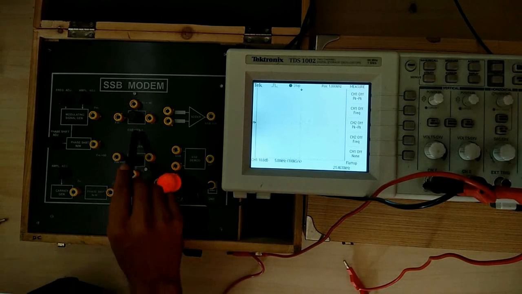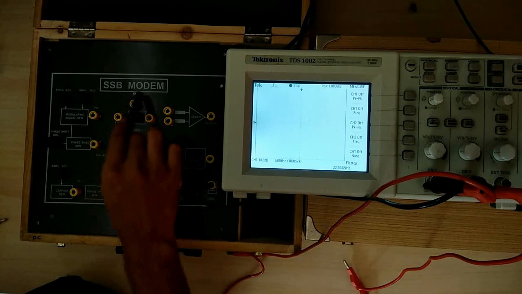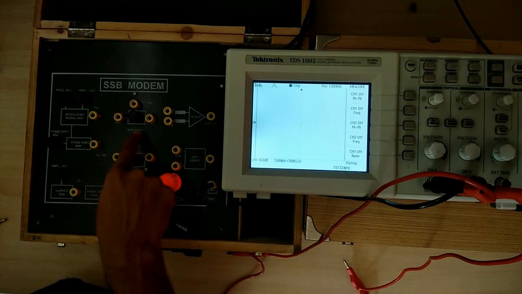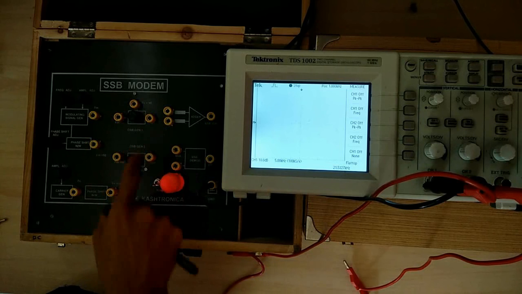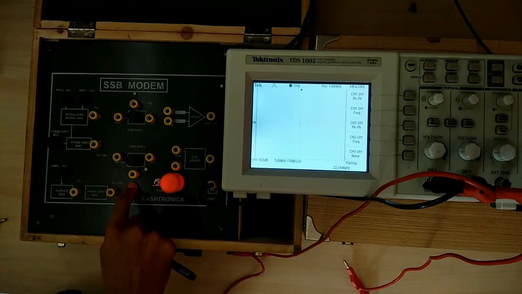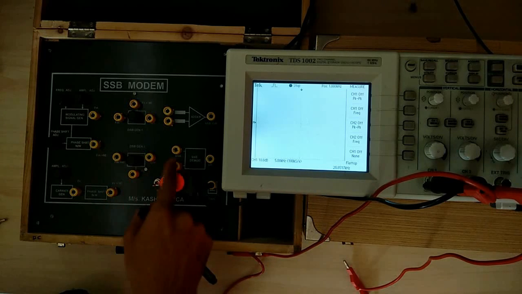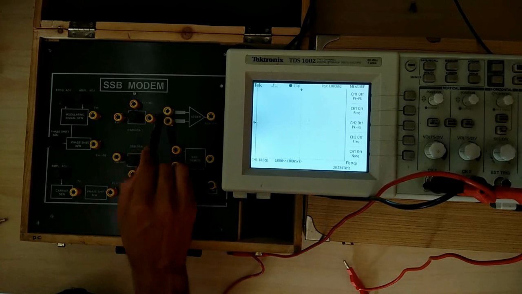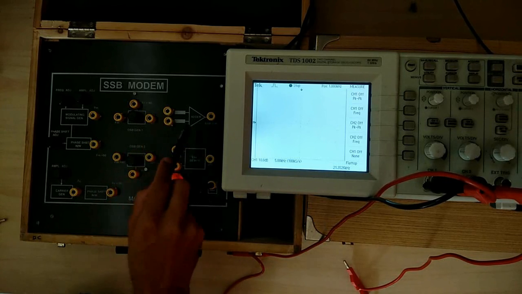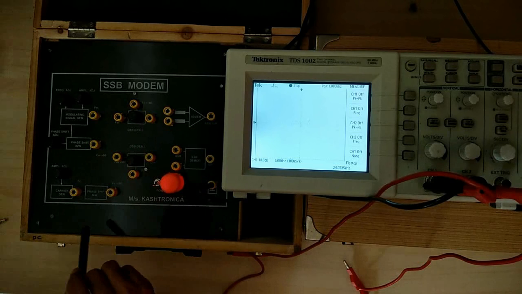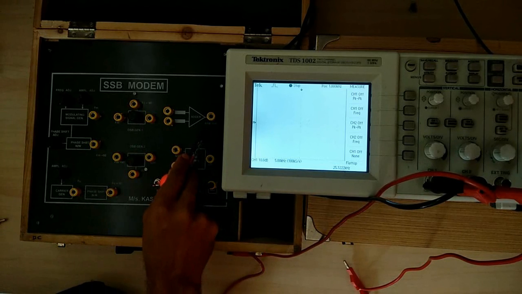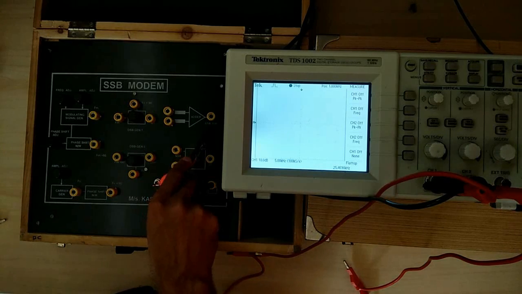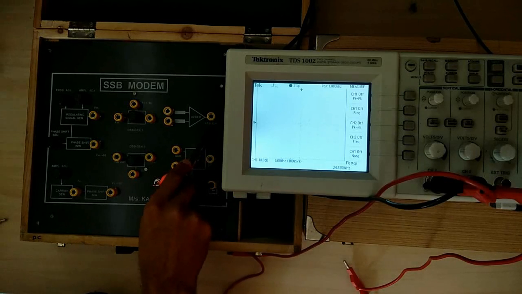This is my DSB-SC1 block where we generate a DSB-SC signal. This is my second DSB-SC signal generator block, and this is the adder, which takes these two DSB-SC signals and adds them. At the output of this adder we get the SSB signal.